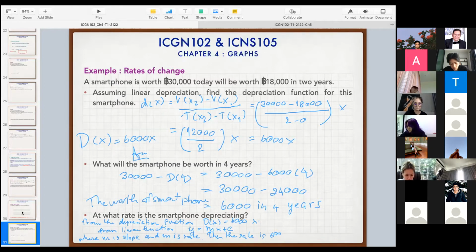If you say it's 20%, it might be because you have 6,000 divided by 30,000, then you get 20%, or 0.2. So this is the rate. Any questions, anyone, for this one? 6,000 here. Sorry, I couldn't write here. 6,000. Okay.